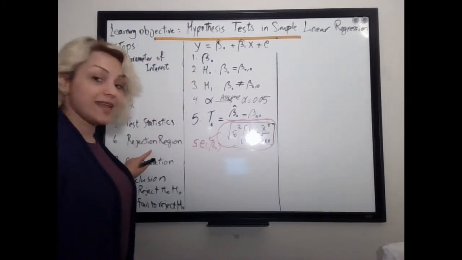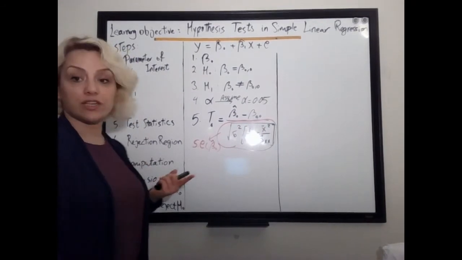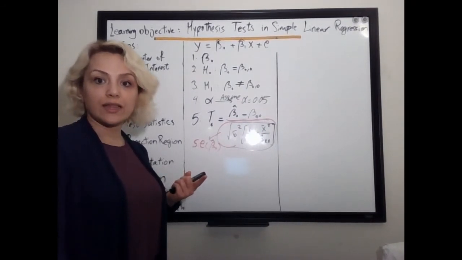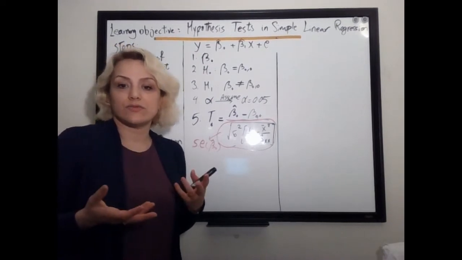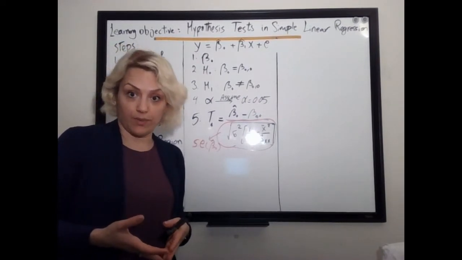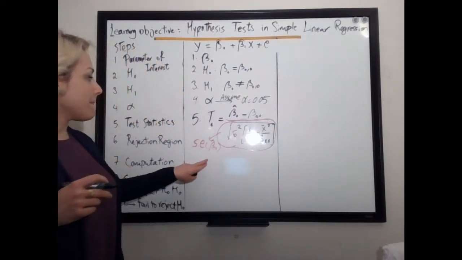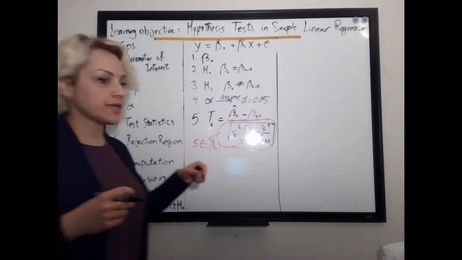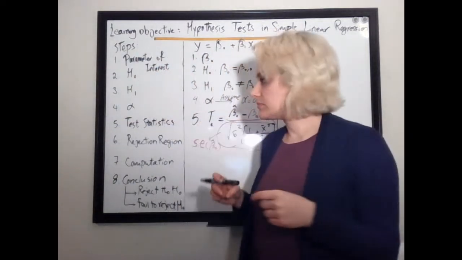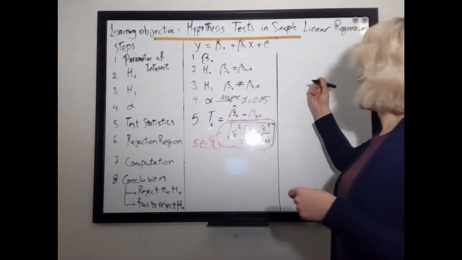Okay, so that was step 5, the test statistic. The next one is the rejection region. We want to know in what cases we are going to reject our null hypothesis. For this, I'm just going to draw something here as a quick reminder.